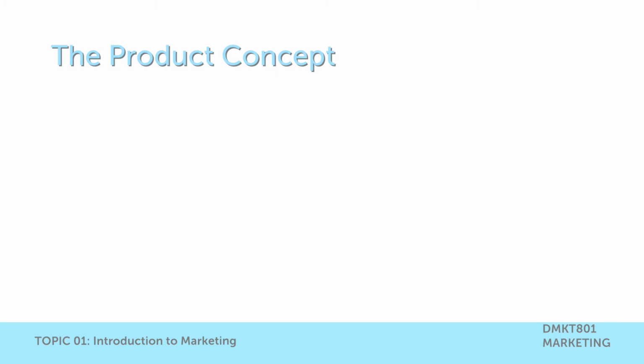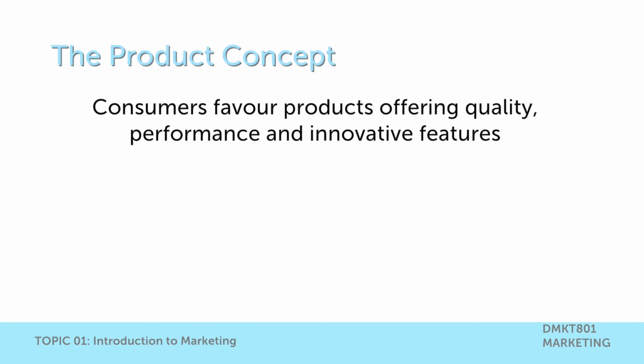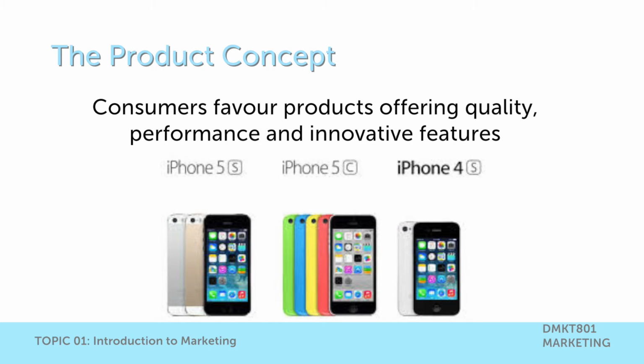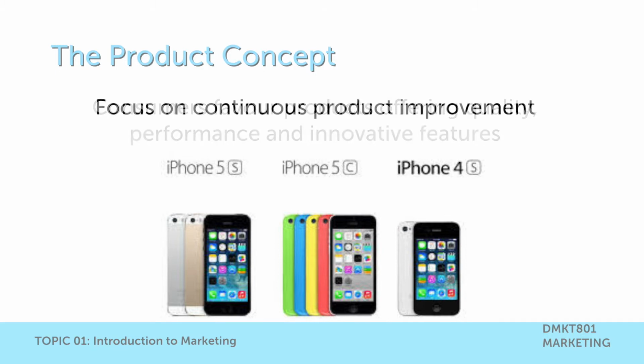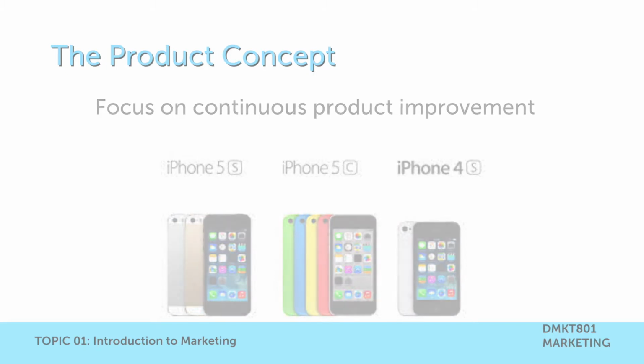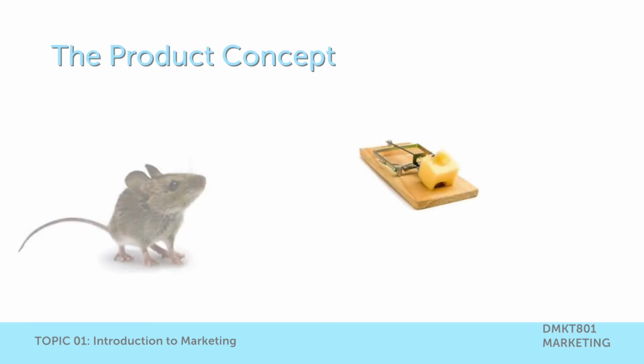The product concept holds that consumers will favour products that offer the most in quality, performance, and innovative features. Under this concept, marketing strategy focuses on making continuous product improvements. Product quality and improvement are important parts of most marketing strategies. However, focusing only on the company's products can also lead to marketing myopia. For example, some manufacturers believe that if they can build a better mousetrap, the world will beat a path to their doors.